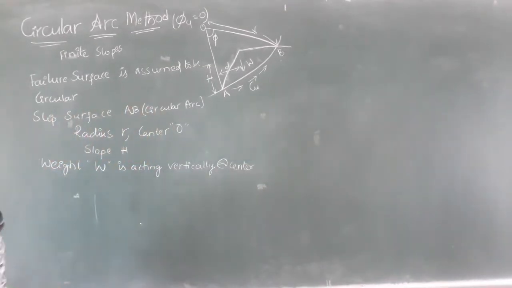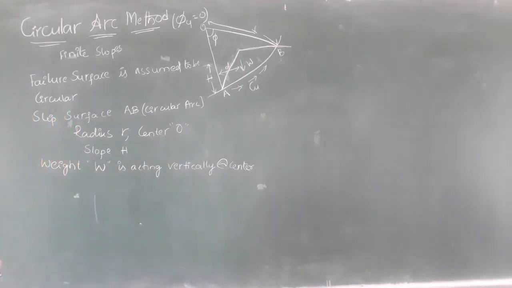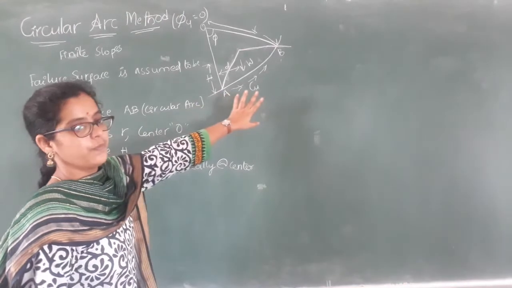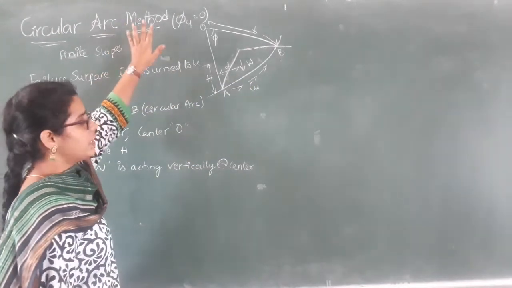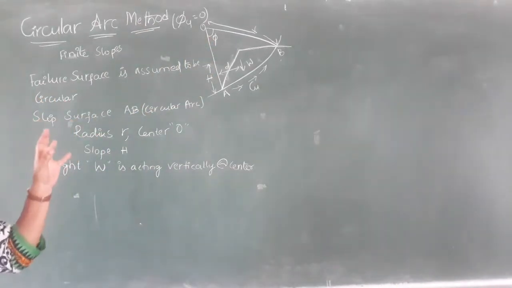See students, W is a negative force, so it always causes the failure in the slope. W is a causing force of failure. What is Cu? The main difference of the circular arc method from other methods is this one.